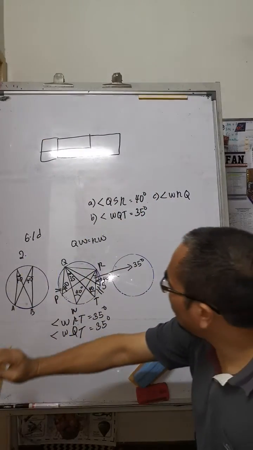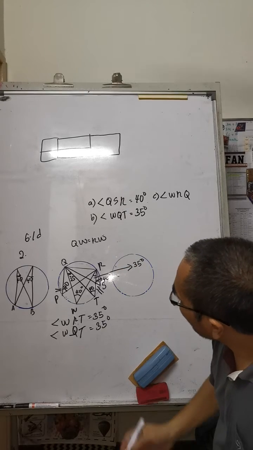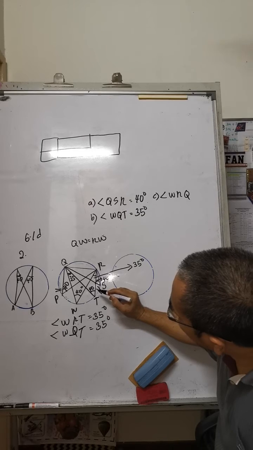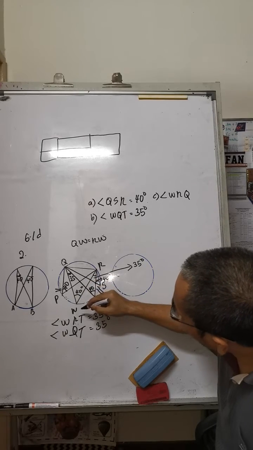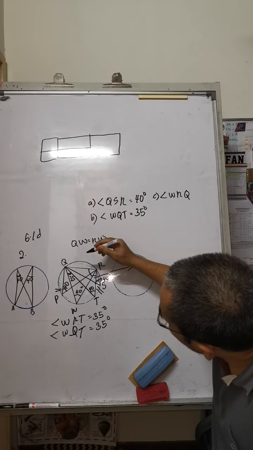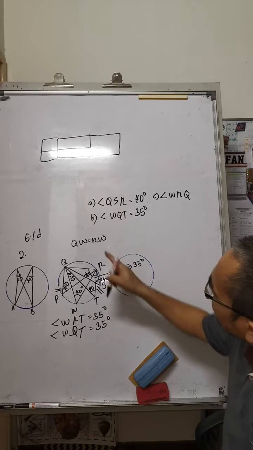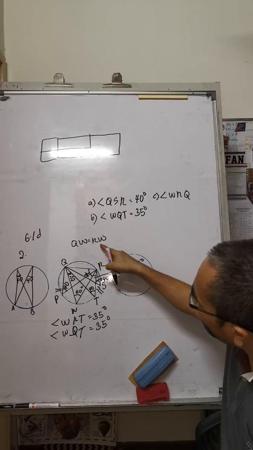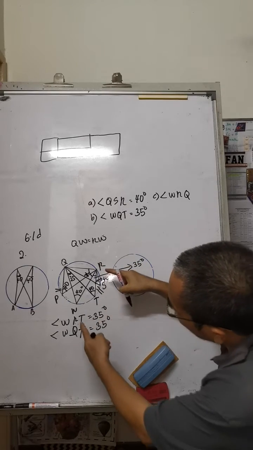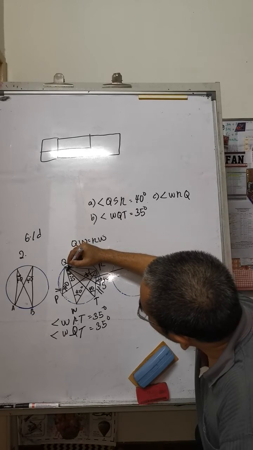Okay, so since QW equals RW, the angle created by QW, which is this one, I would label that as X, is the same as the angle created by RW.